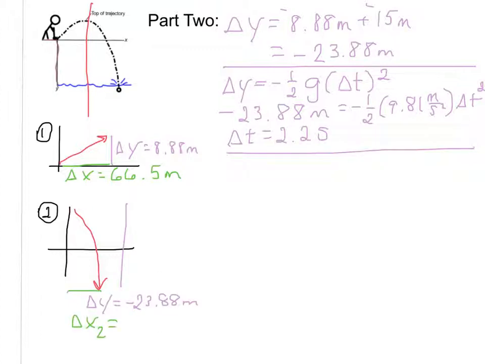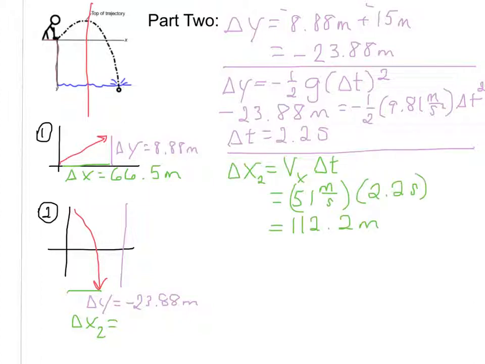I'm now ready to solve for delta x. I know that it didn't do a very good job here, but this is the y component. I have delta y is negative 23.88. I want to find my delta x, from the point where it's the top of the trajectory to where it hits the water. I can do that with one of my equations from before.